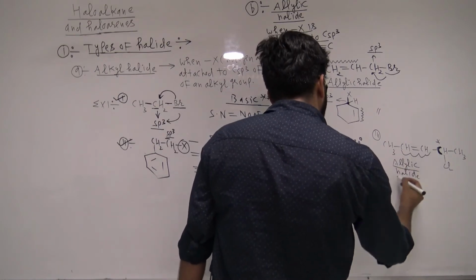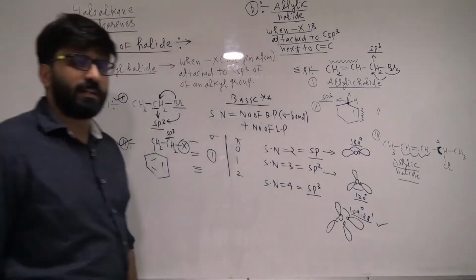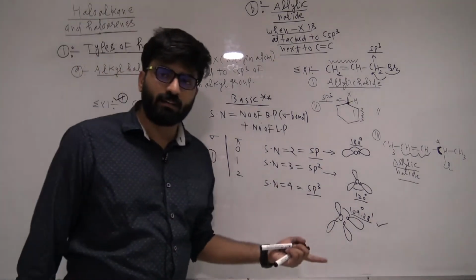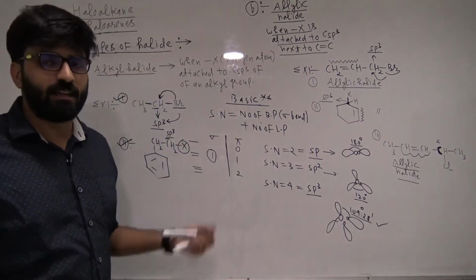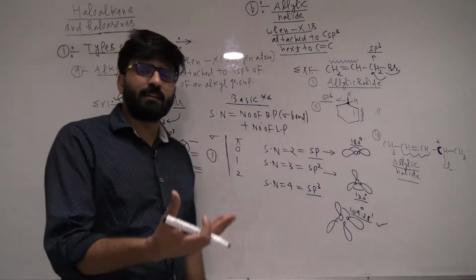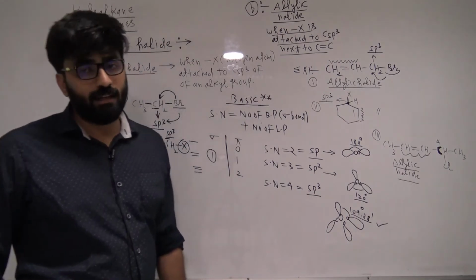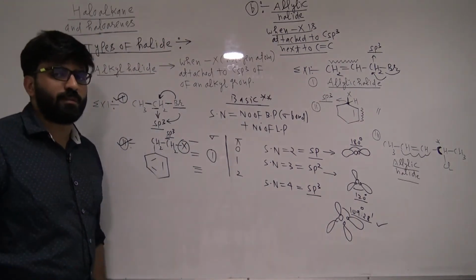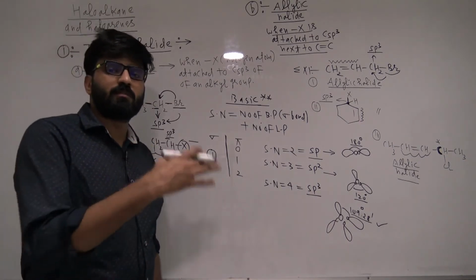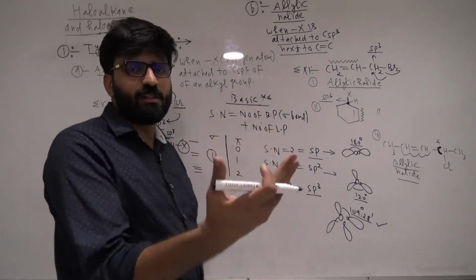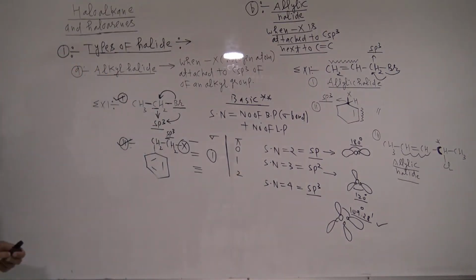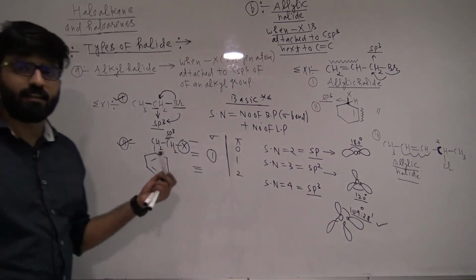So many things are written even in NCERT also, but guys, from my experience, I'm telling you, this is the best approach to identify it. First, if alkyl is there, then the sp3 carbon will attach directly to the alkyl group. Then for allylic, the halogen must be attached to a carbon that is sp3, but it must also be present at the next position to C double bond C. Then we can call it allylic halide.